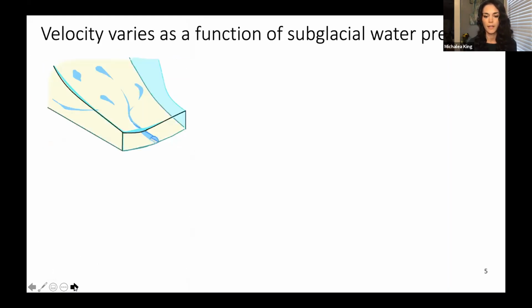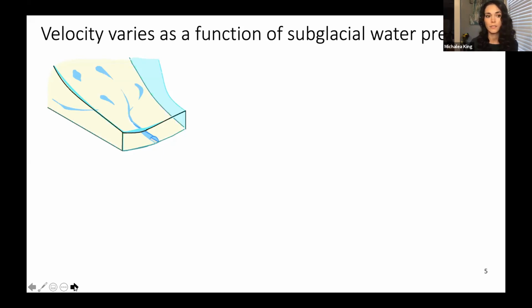And so I don't want to spend a lot of time on this because it's something I'm sure many on the call already know, but essentially how we understand flow speeds in response to meltwater comes down to changes in the basal water pressure. So if we imagine this, a little cartoon here is an oblique view of a glacier. At the beginning of the melt season, we might have pockets of water, but it's overall a disconnected, inefficient drainage system.